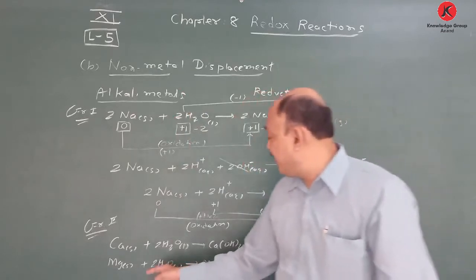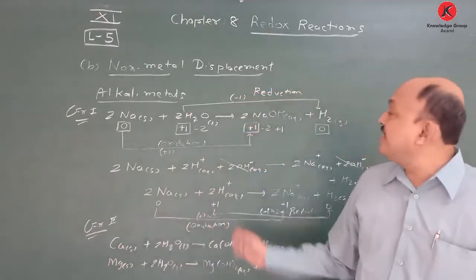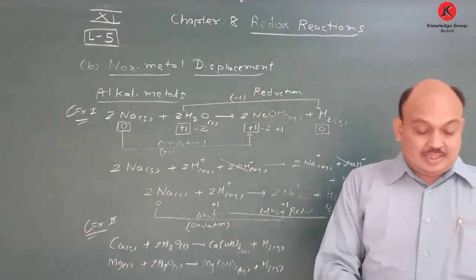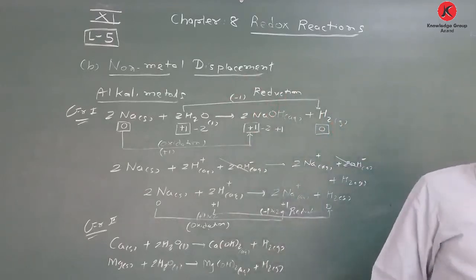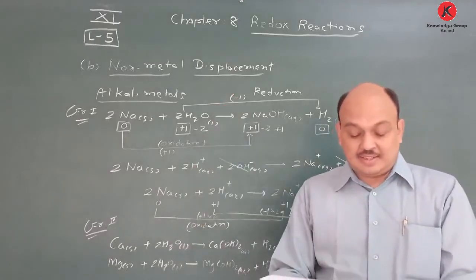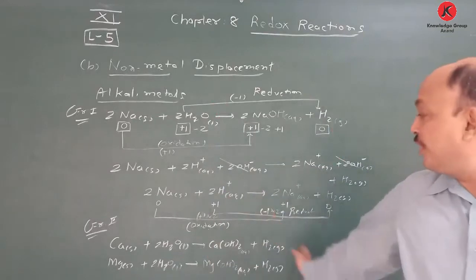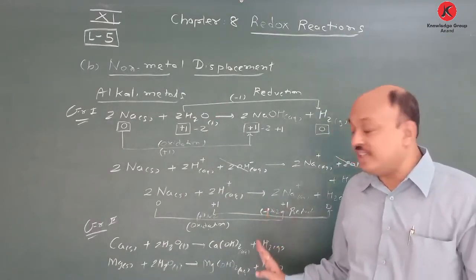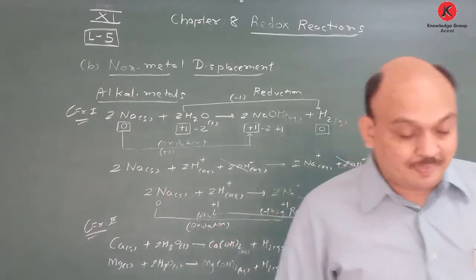Non-metal displacement reaction because H plus is replaced by Mg. So here it is considered as non-metal displacement. Remember this one. Another example is given: Zn plus HCl, Mg plus HCl, and Fe plus HCl, that we take later on. But practice for this. Do practice for this particular reaction and find out the oxidation reaction and reduction reaction with the help of oxidation numbers.